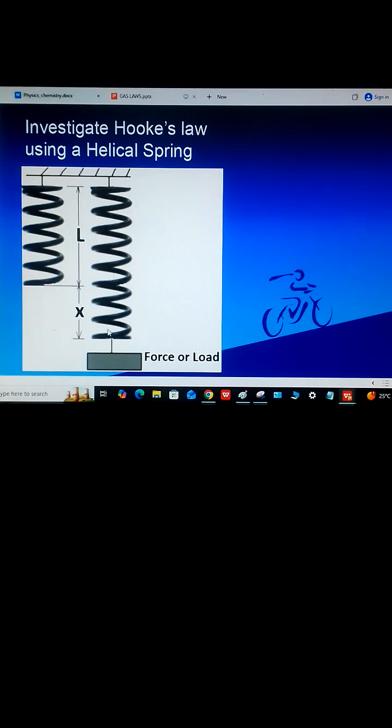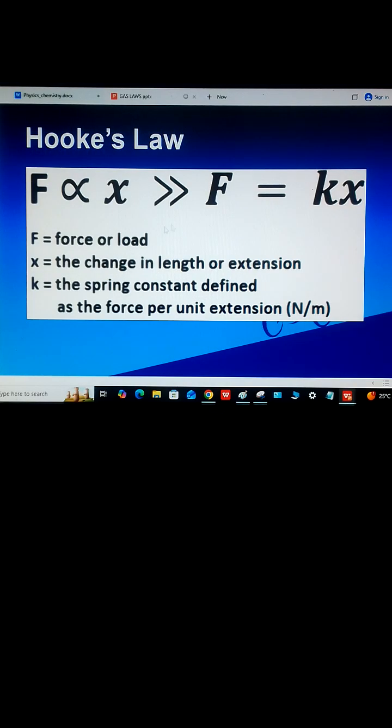There is a change in length. So you can see this spring is now longer than this one here. So this is the measure of extension, x. Okay. So we want to see how we can determine that relationship, that force is equal to Kx.